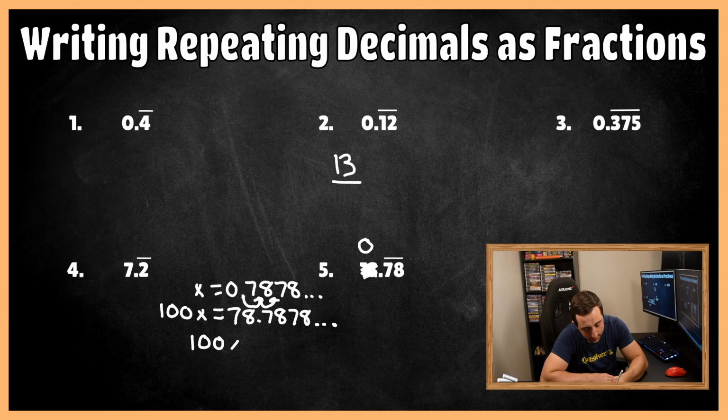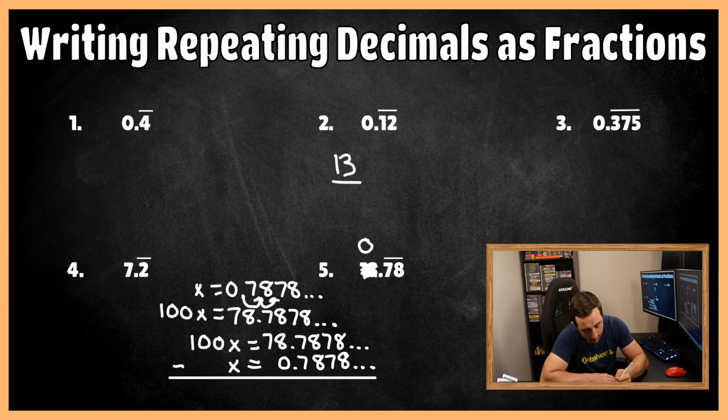So we have 100x equals 78.7878 minus, lining everything up, 0.7878. We have 100 minus 1, which is 99x equals, removing all of these once again, which is exactly what we want to see, 78 minus 0, 78, and now we can go ahead and get x by itself once again.